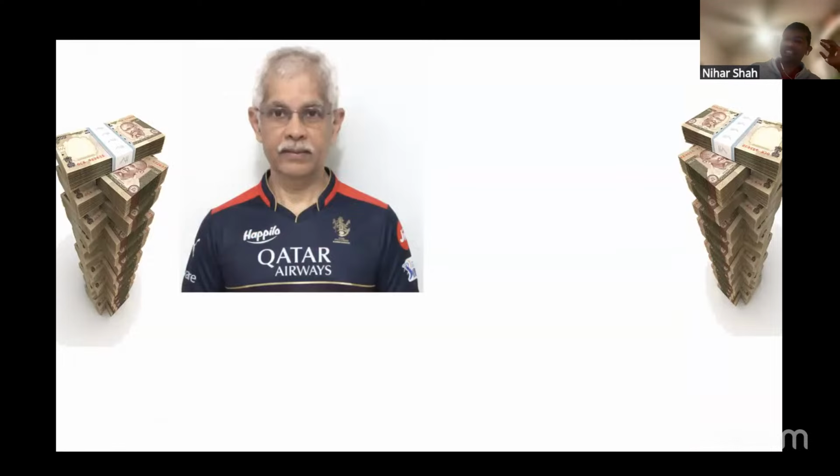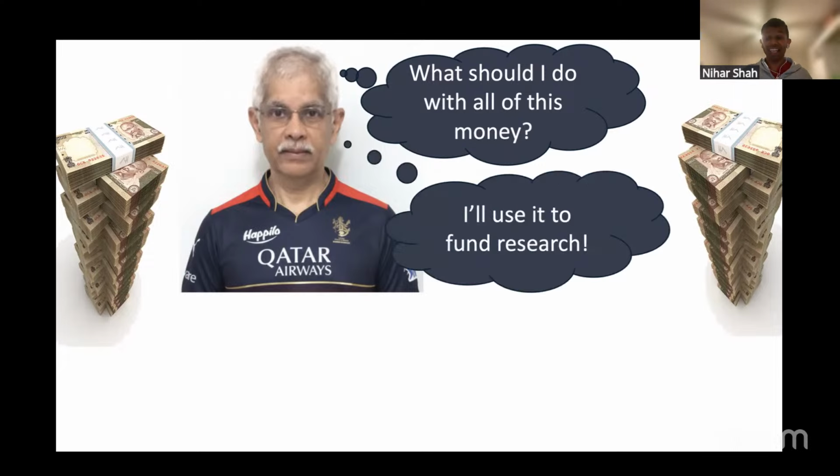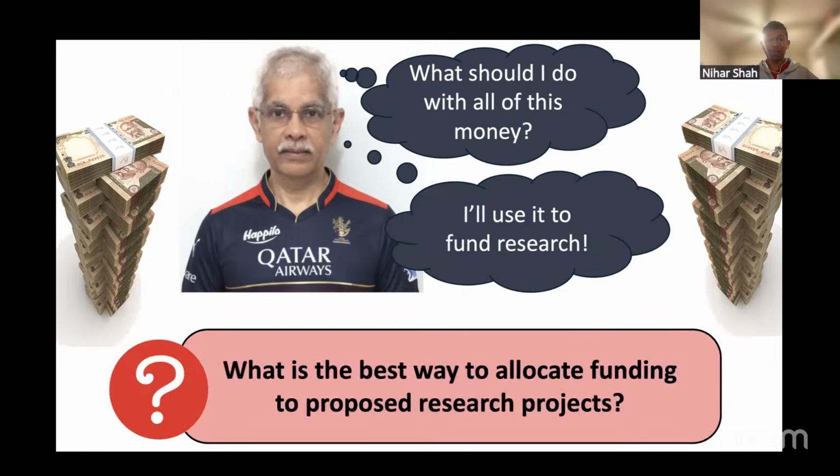So he started thinking, how should I spend all of this money? What should I do with all of this money? And being the super nice and generous and conscientious person that Vijay is, he decided, hey, I'll use it to fund research. Thank you so much, Vijay, for doing that.